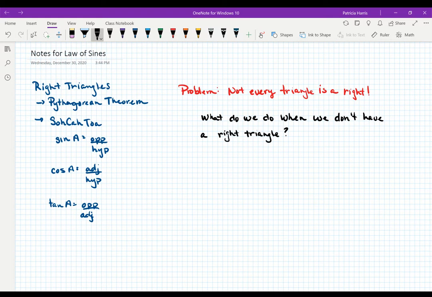Okay, so the good news is we do have something we can do. The first thing is it's still true that all three angles in a triangle add up to 180. So we still have the triangle sum theorem.